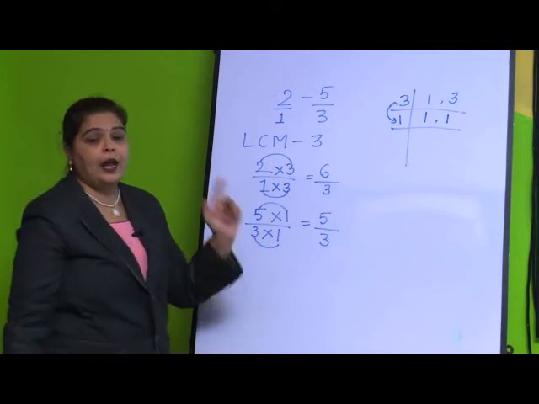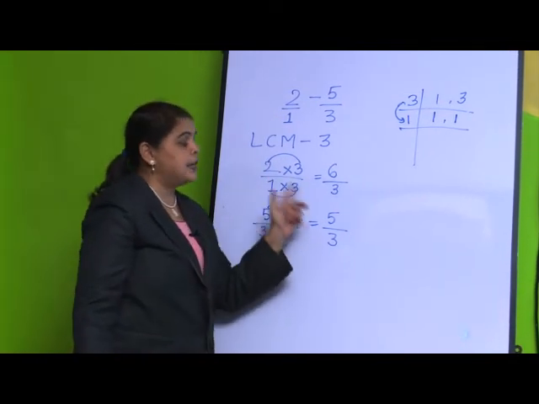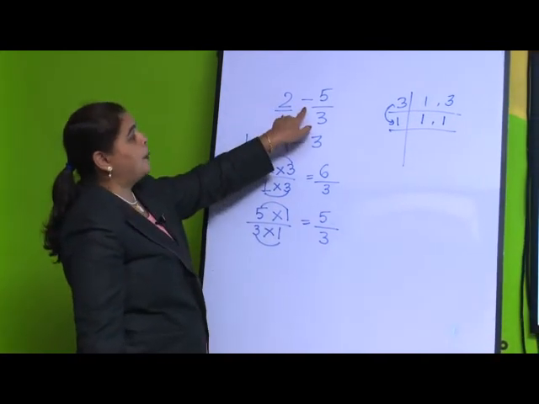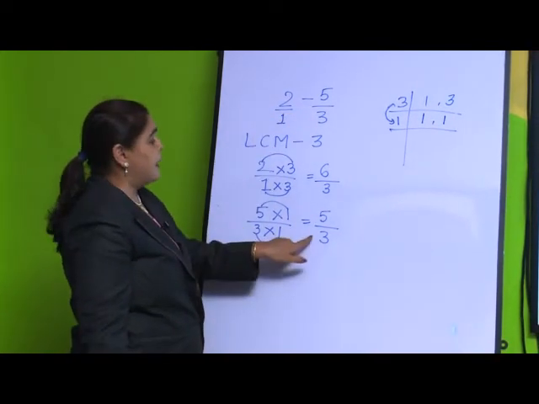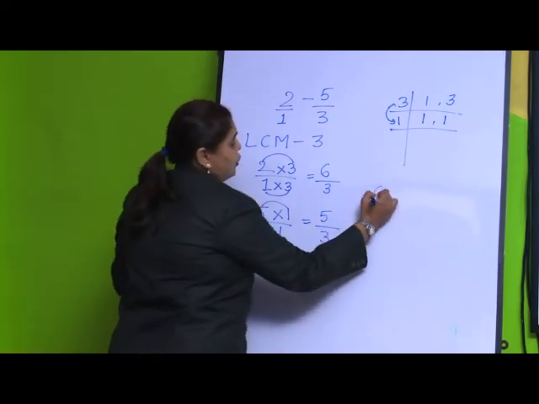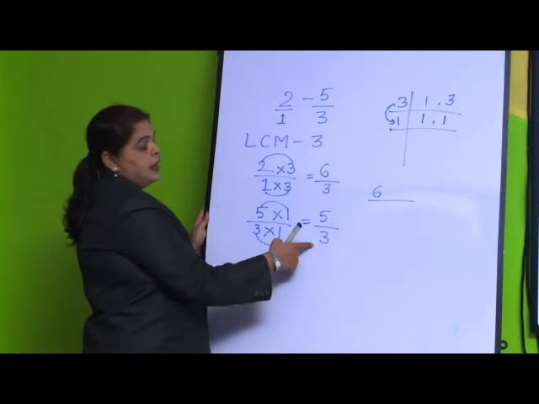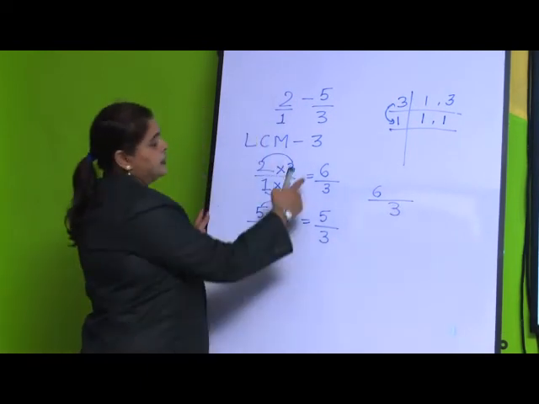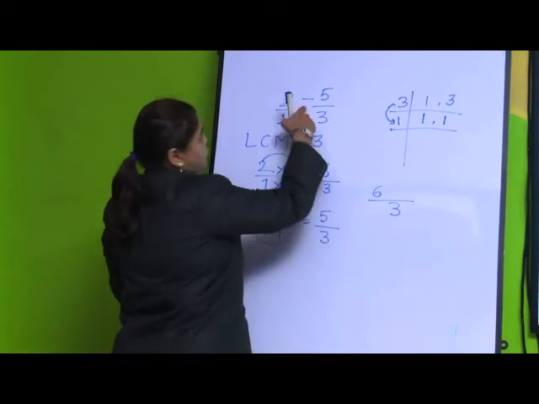So, we can do any operation with the same denominator, that is known as like fractions. Here I have the operation of subtraction. I will subtract this because I have the same denominator. When it is the same denominator, you have to write it as common. So, I will write 3 here, 6, I have the operation minus.